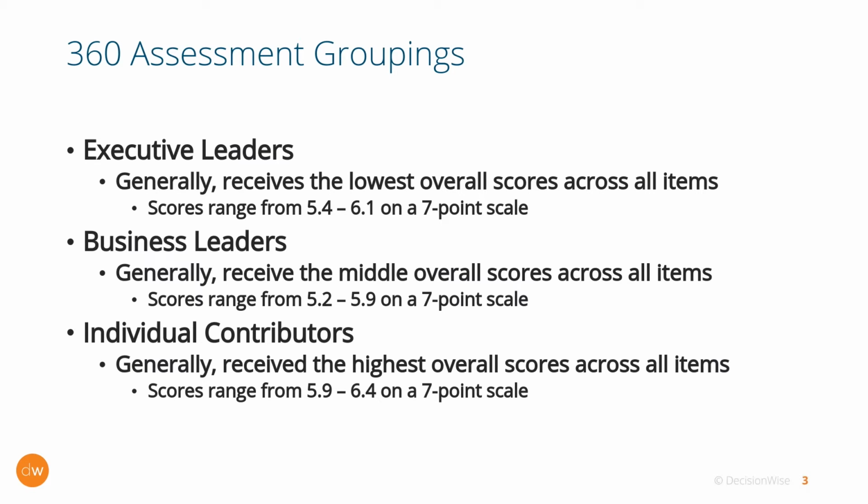One of the things to think about when you're looking at 360 assessments and ranges and scores and norms is, let's set aside statistical significance and look at the meaningful difference. Is there a meaningful difference, meaning someone who's rated a 5 on a competency as opposed to a 6? For example, someone rated a 5 on a change management competency, as opposed to a leader who's a 6 or 6.5.